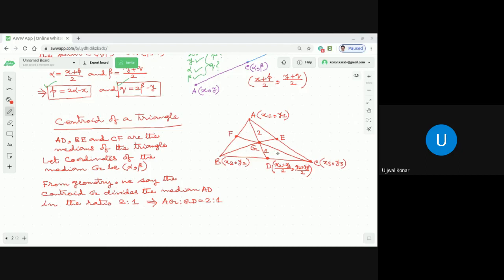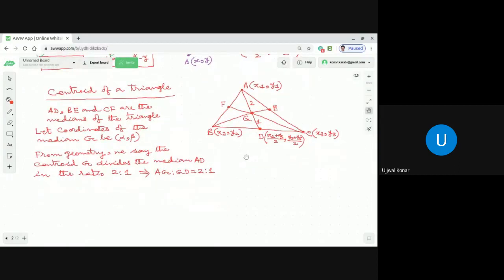Now what are we going to find? We are going to find the coordinate of the point G. Now it is quite simple, as we know the internal section formula. So dear students, if I represent A, G and D in a straight line, let me show you.